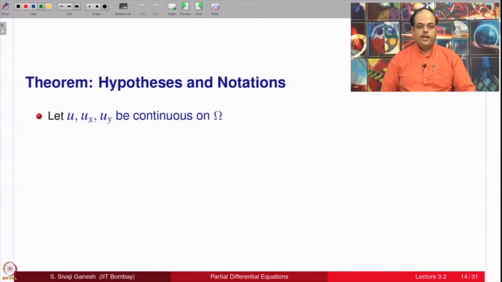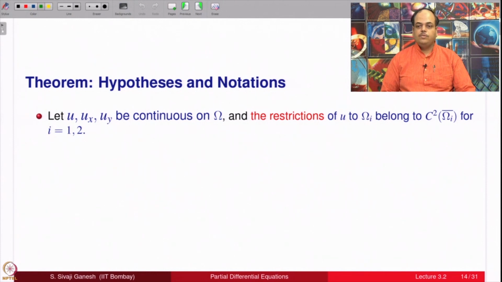Let ux and uy be continuous on omega, and the restrictions of u to omega i, they are C2 functions because we want them to be solutions to the PDE. That is why the C2 condition, and we want omega i bar because we are going to consider the jumps in second order derivatives. First of all, derivatives should be meaningful on the curve gamma.